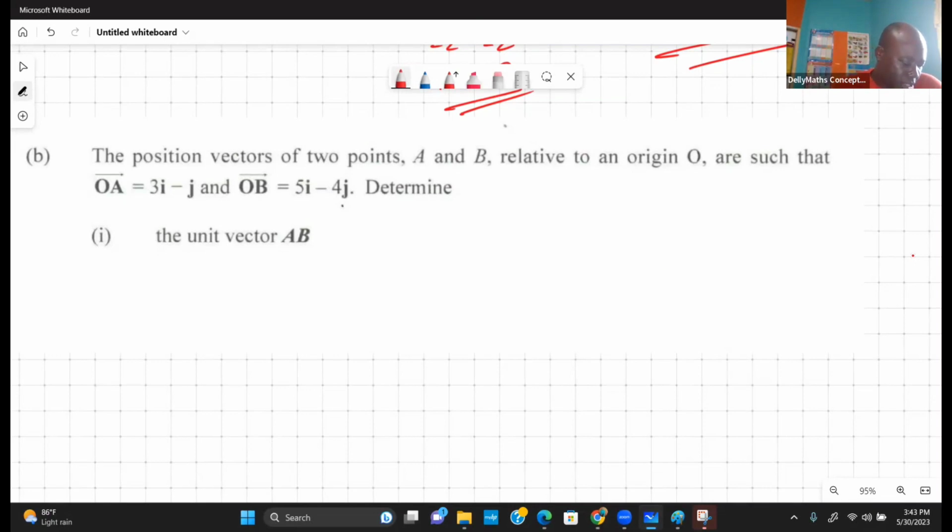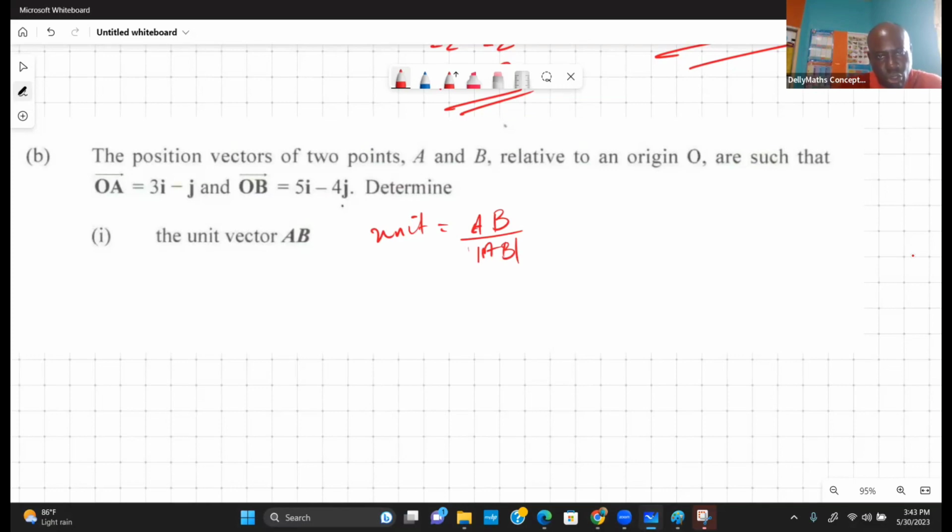Now, the concept of the unit vector: the unit vector is simply having this vector and you want to put this over the modulus of this vector. So the unit vector is to have the vector and divide by the length of it.